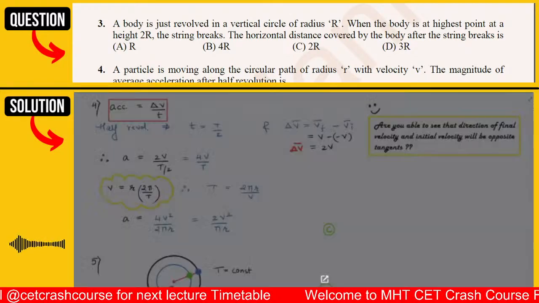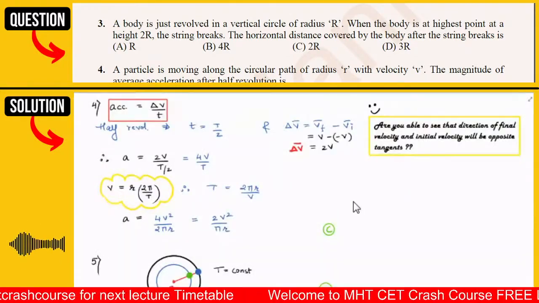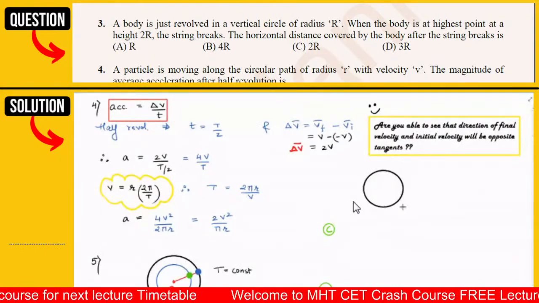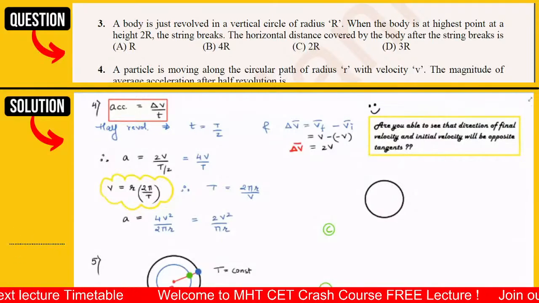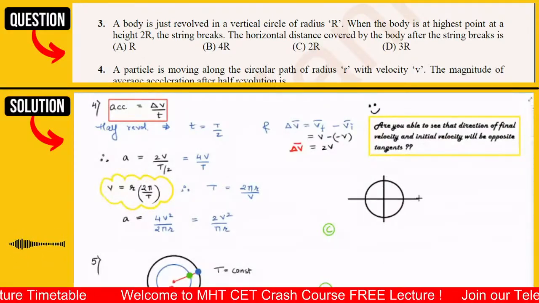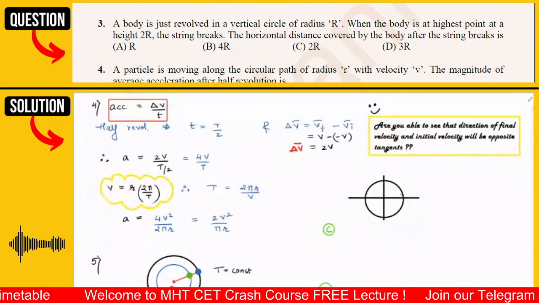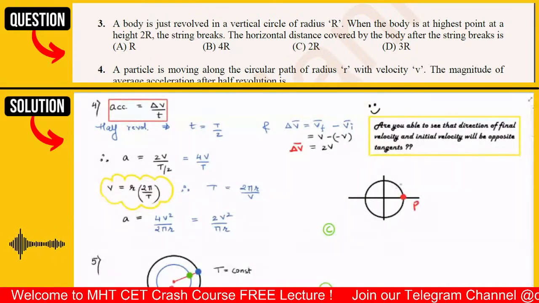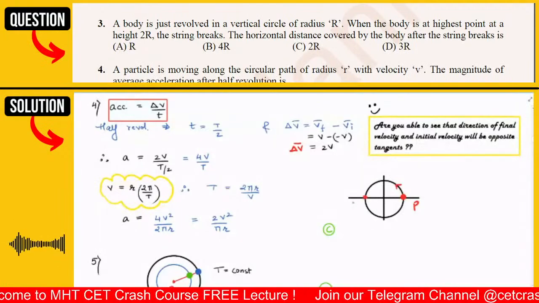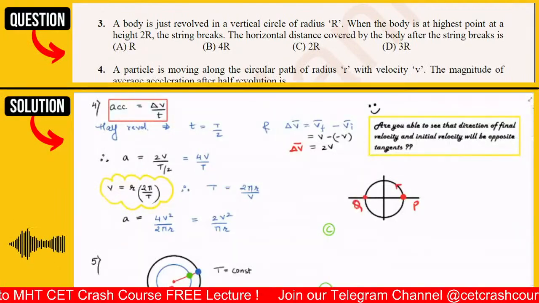Avnish did not understand. Avnish, it's a basic diagram. By now, you should be able to visualize how things are working. Suppose the particle starts its motion from this point P, and after half a revolution in anti-clockwise direction, it reaches Q, correct?